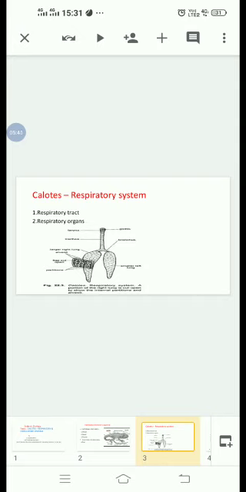The respiratory system consists of the respiratory tract and respiratory organs. First, we will discuss the respiratory tract.